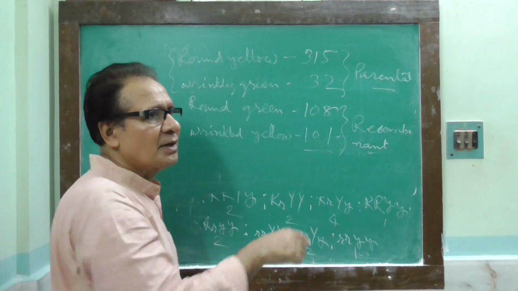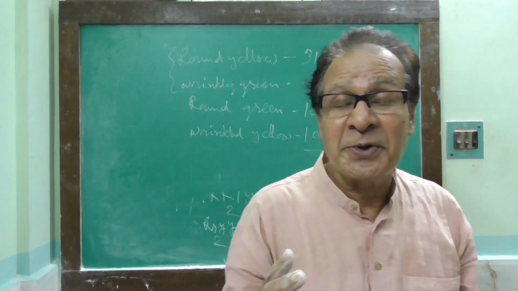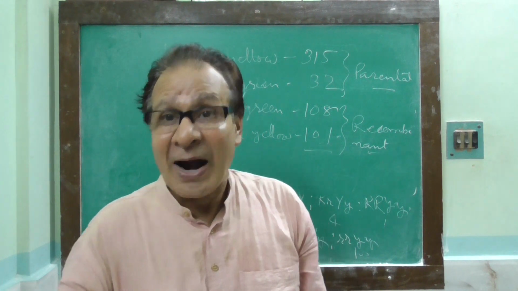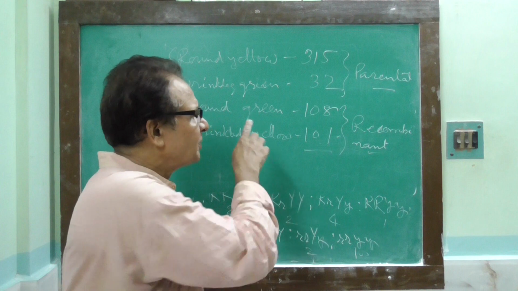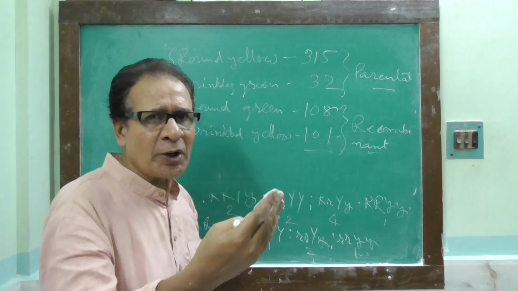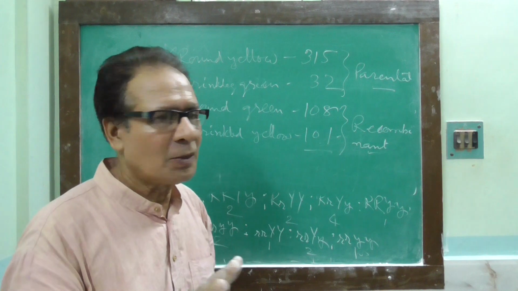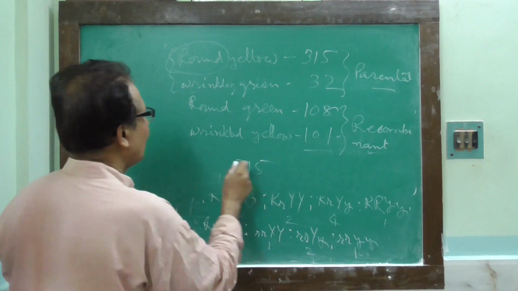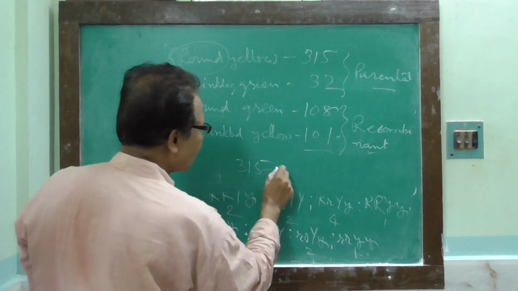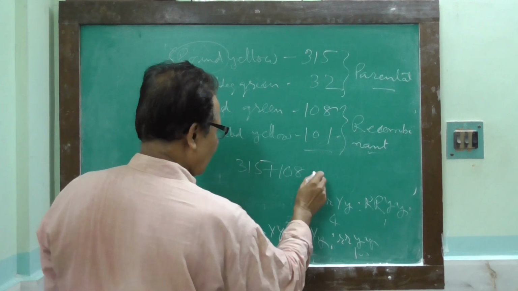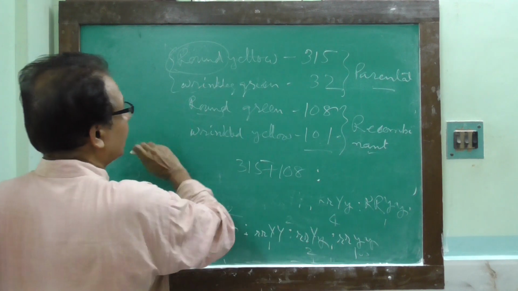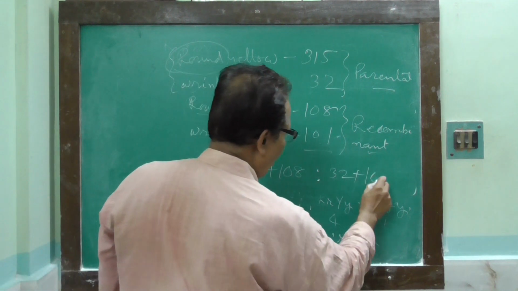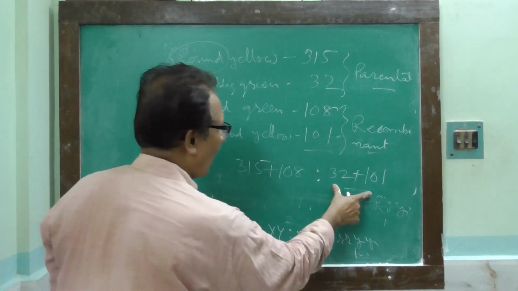And from this result, he not only obtained the phenotypic ratio, the 9:3:3:1, but also he observed that these actually followed the monohybrid ratio. For example, round 315 plus round 108 is to wrinkled 32 plus wrinkled 101, and that is 3:1.